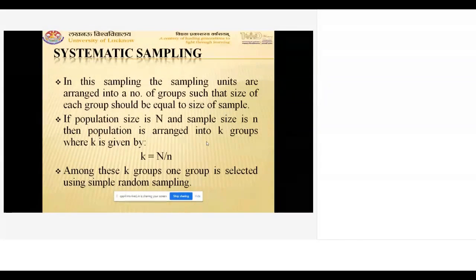We go to 750, where 737 or 738 will be a multiple of 17. Then after that we go to the first unit, that is after 750, the first unit will become 751, the second unit will become 752, and we repeat the sampling till the sample size is fulfilled. This is called circular systematic sampling.